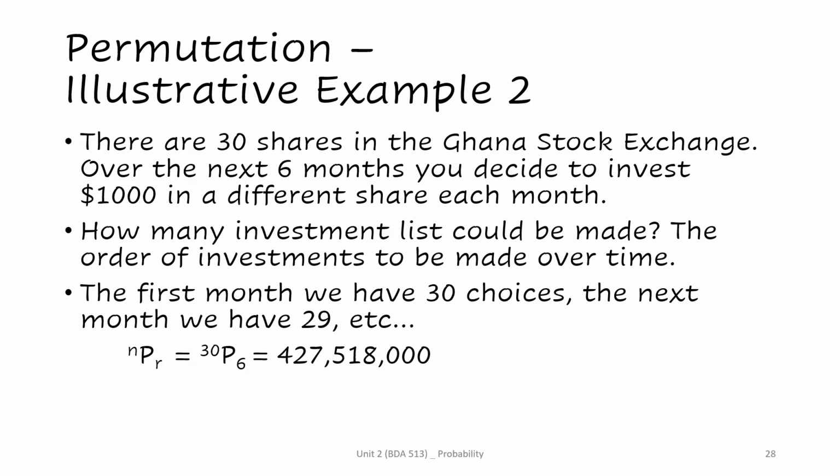Since we are talking about an ordered list, it is going to be a permutation. So we'll have 30 different portfolios over a 6 month period. That's a huge number: 427 million 518,000 ways by which you can do this.